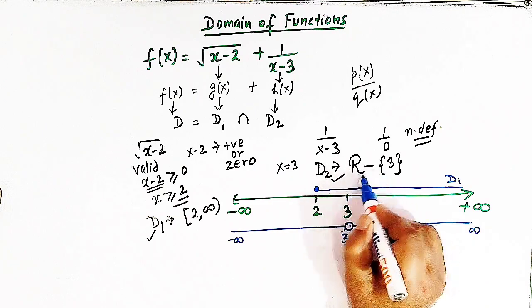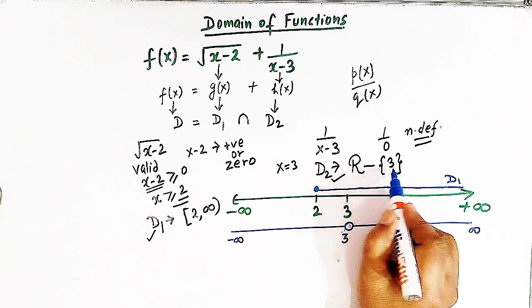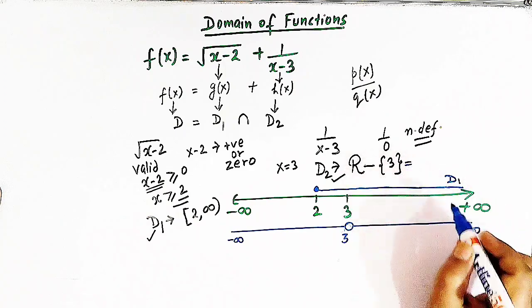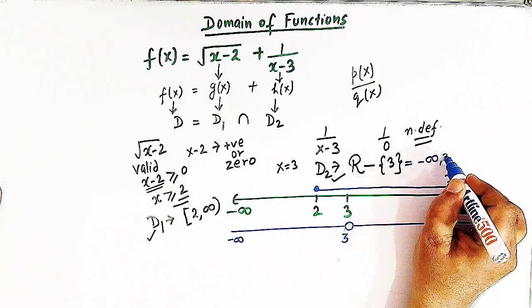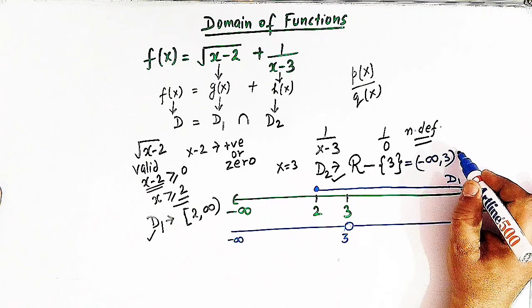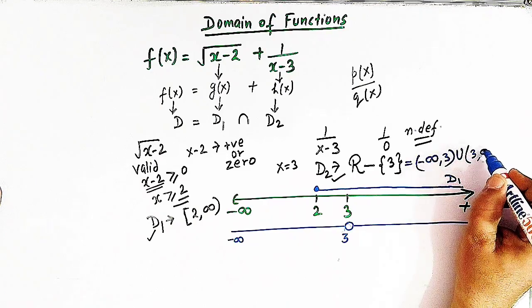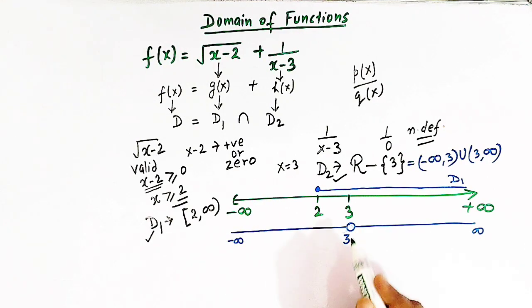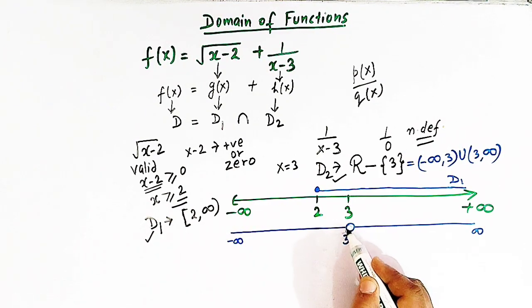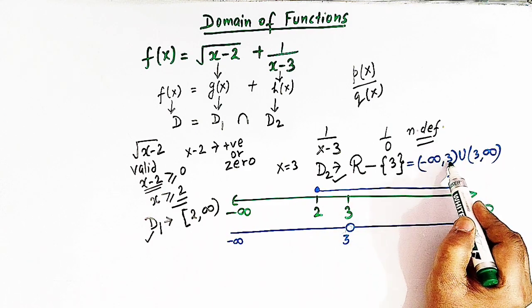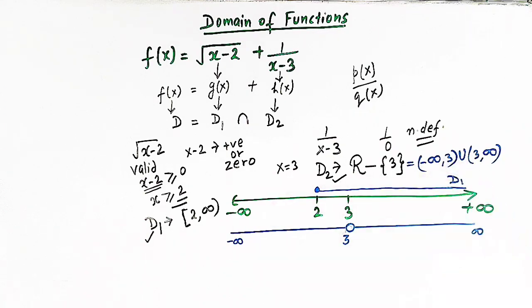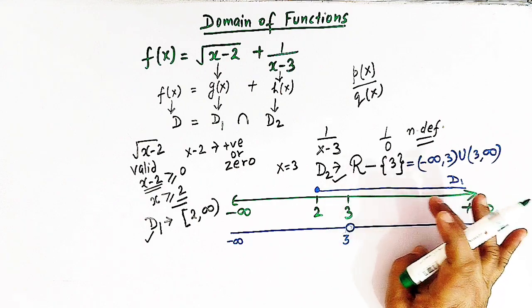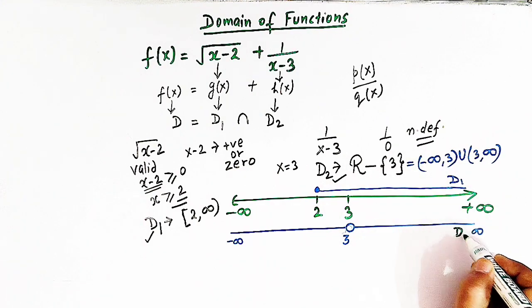So this interval, or R minus {3}, can also be written as minus infinity to 3 union 3 to infinity, right? So here this circle signifies that 3 is not included, right? So here this 3 and this 3, they are not included.